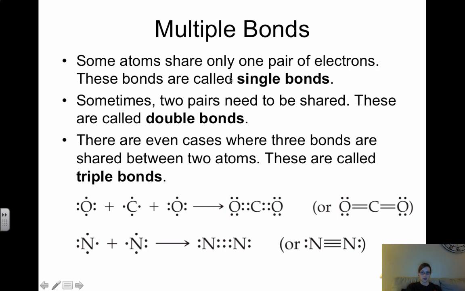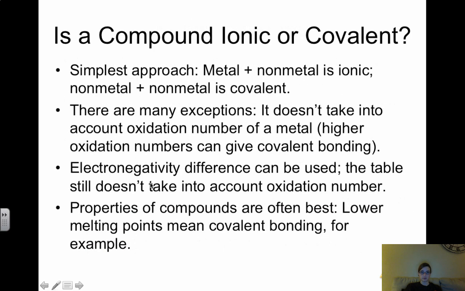As well, single bonds are the longest, triple bonds are the shortest. So single is weakest and longest, triple is strongest and shortest. That's very important to remember as we look at multiple bonds.